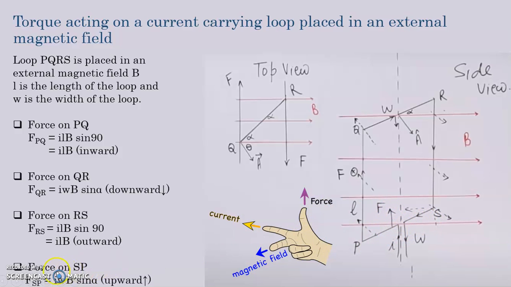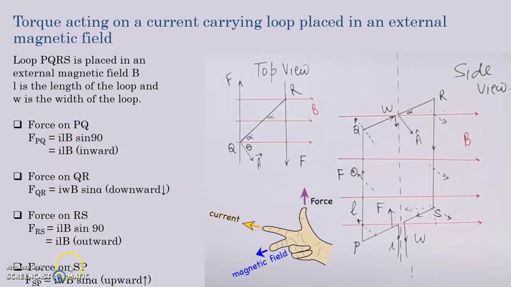And the formula for force on SP is given as FSP is equal to IWB sin alpha, where I is the current flowing through SP part of the coil, W is the length of SP part of the coil, B is the external magnetic field in which SP part of the coil is placed, and alpha is angle between SP and external magnetic field.